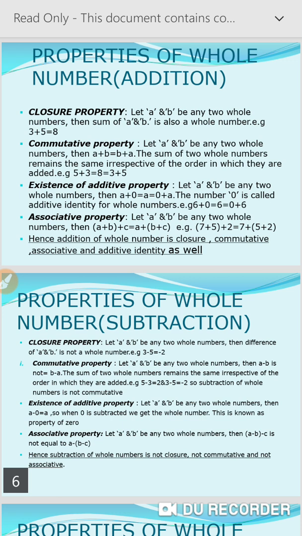Now is your existence of additive identity property. What this property says, if you add a number to 0, your answer will be that number which you have added. Next is your associative property. In case of associative property, you will take three numbers, make a group of any two numbers, it will make no difference in the answer.